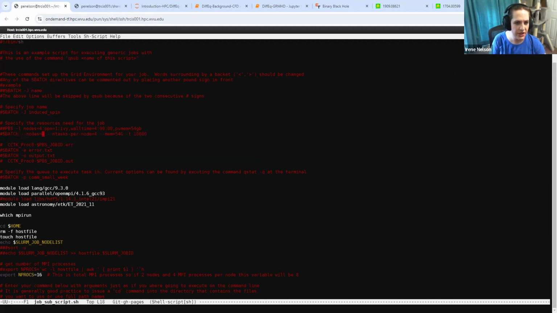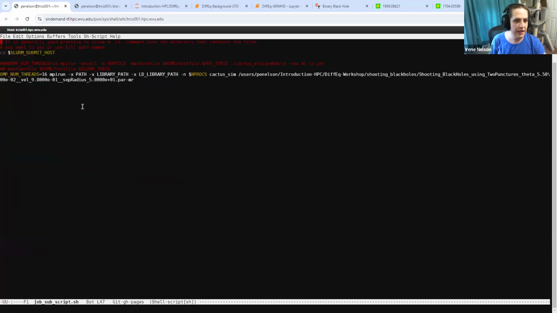We have the resources: this is 4 nodes, 4 cores per node, 55 gigabytes of memory. The wall time here is set to a week in minutes. The error and output, the queue. So the interesting thing is that we load the modules: the C compiler, the OpenMPI implementation that we're using, and then the Einstein Toolkit itself.